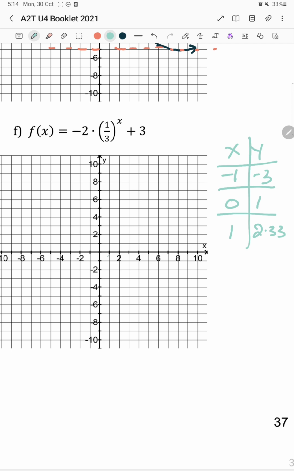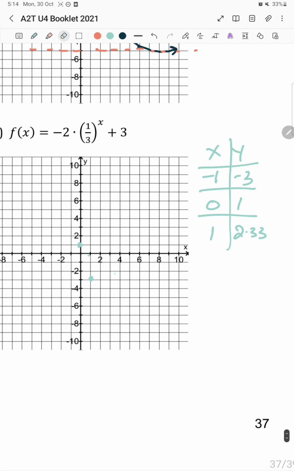Okay, so for -1 it's going to be -3, for 0 it's going to be 1, for 1 it's going to be 2.3.